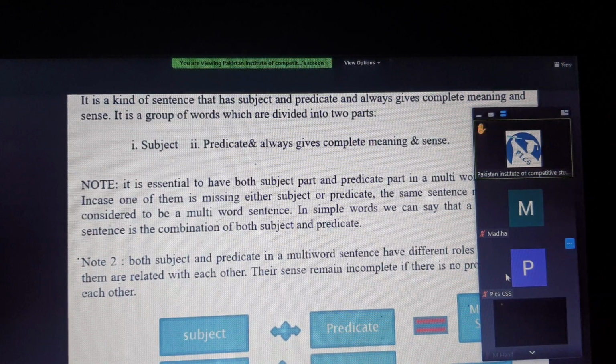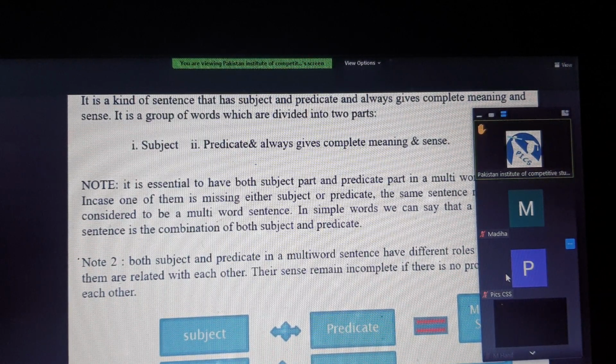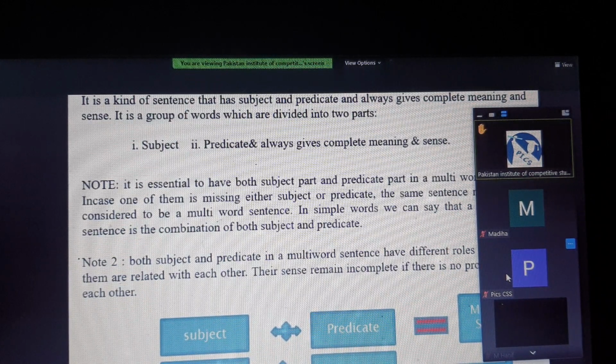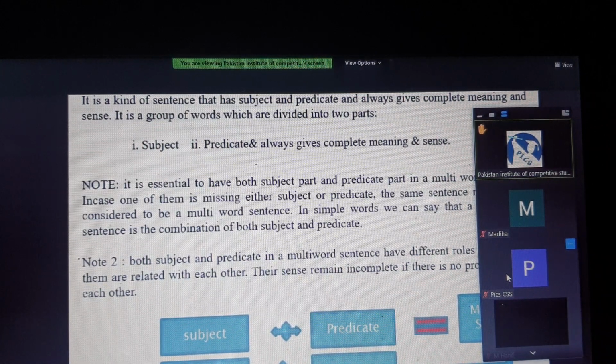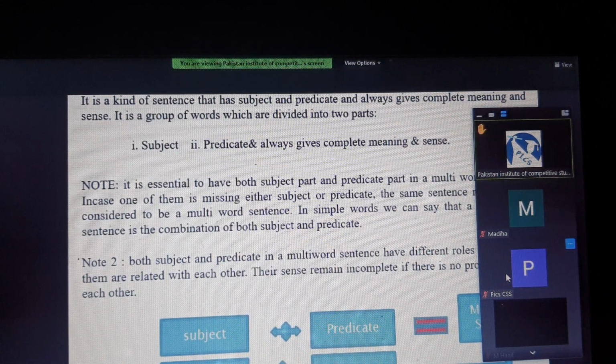In simple words, we can say that a multi-word sentence is the combination of both subject and predicate. Note, both subject and predicate in a multi-word sentence have different roles, and both of them are related with each other. Their sense remains incomplete if there is no proper relation with each other.